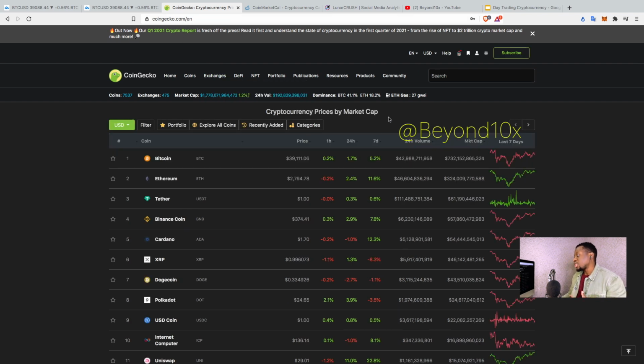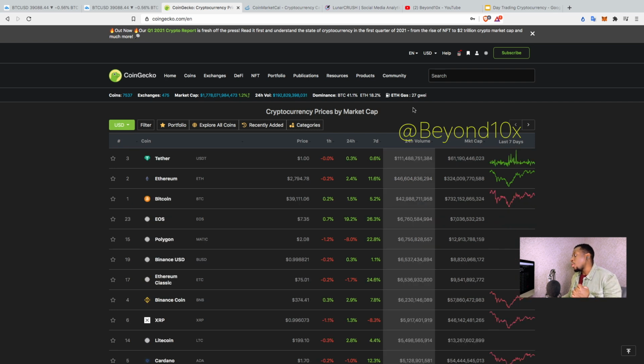You can look at the 24-hour volume. Cryptocurrencies that are having a sudden shift in volume usually indicate that there's going to be some price action, because just like they say, volume precedes price action.